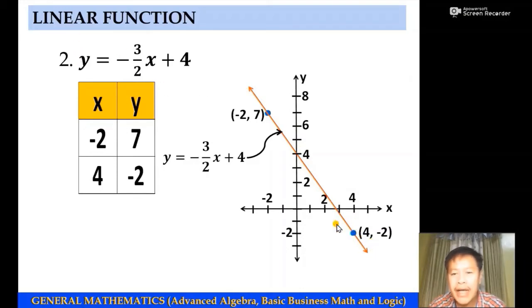Why decreasing? As you increase the value of x, the value of y becomes smaller. That is why decreasing. If it is increasing like this one, as you increase the value of x, the value of y also increases. Now, what is now our slope?